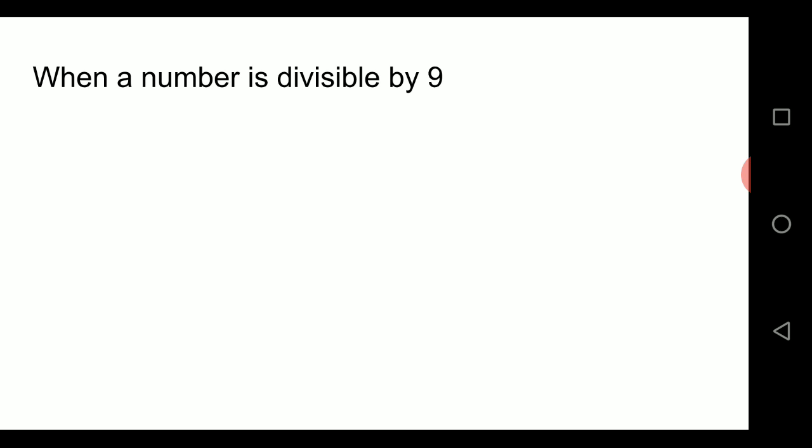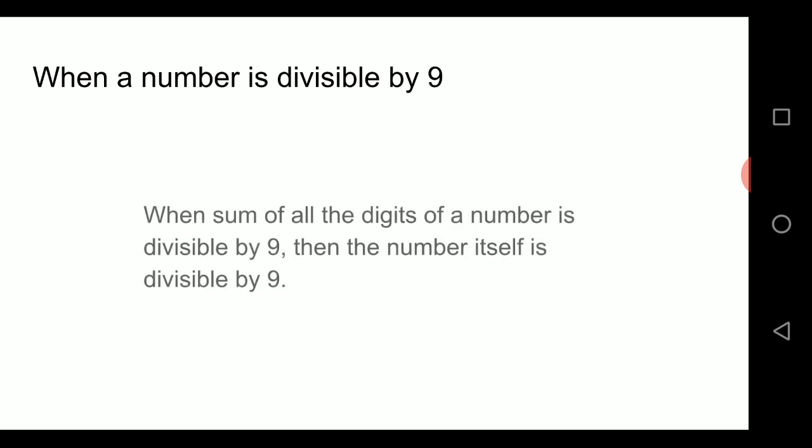So when is a number divisible by 9? Similar to 3, the number is divisible by 9 when the sum of all the digits of a number is divisible by 9. So you have to once again pick up all the digits and add them up.